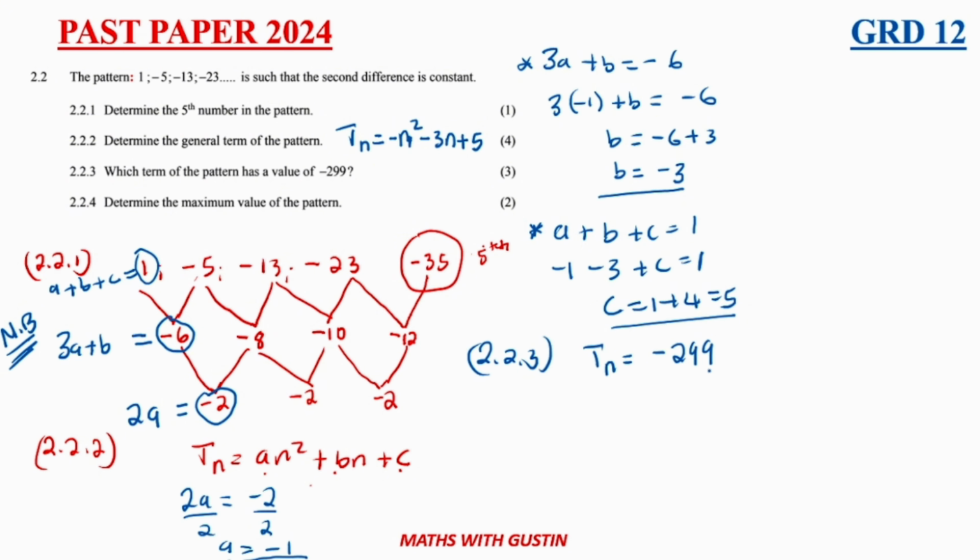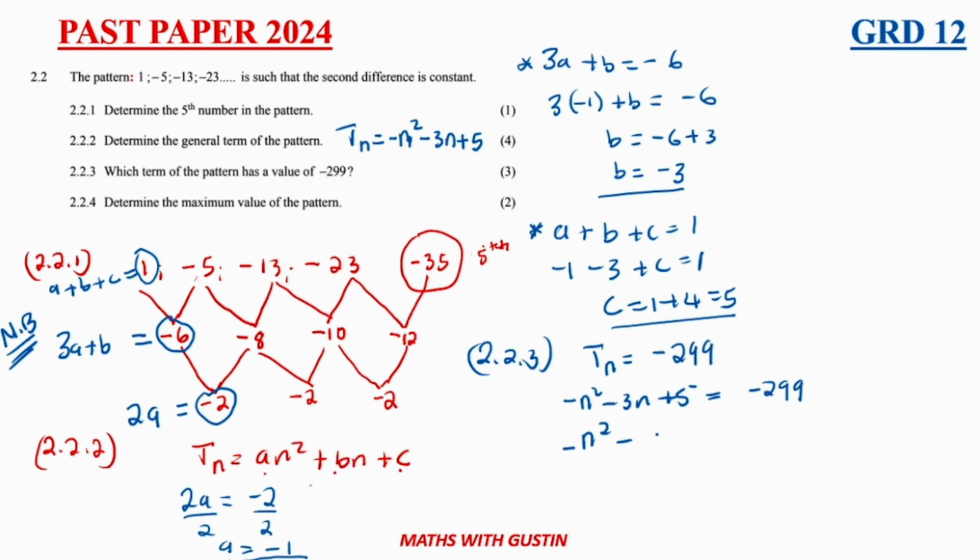You are looking for the n. So what we can do now is go to our general equation: -n squared minus 3n plus 5 is equal to -299.